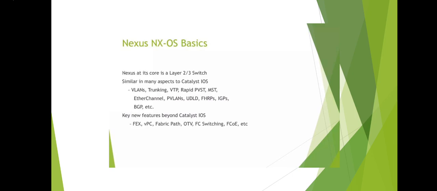FHRP is nothing but VRRP, HSRP, GLBP. Then it covers IGP protocols like EIGRP, OSPF, EGP like BGP. The key new features beyond Catalyst IOS are vPC, VDC, FabricPath, which I'll be covering later in the next sessions, FEX, OTV, FC switching, FCoE.